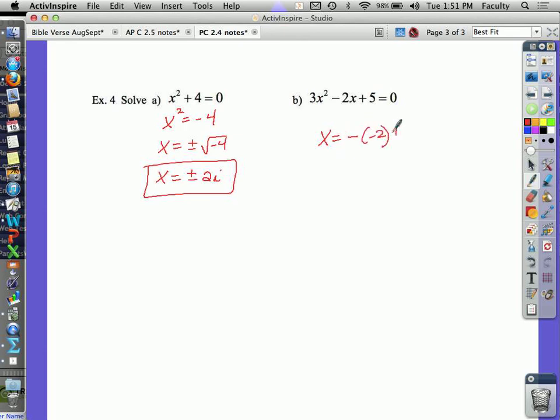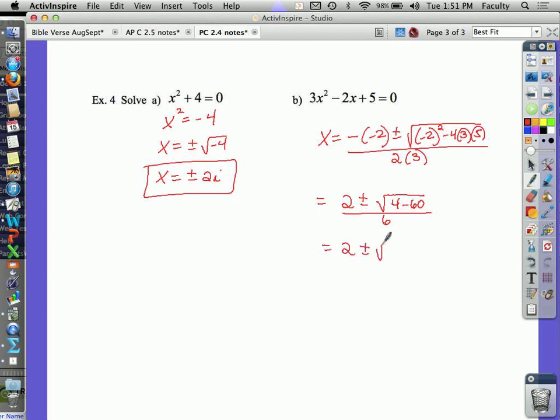Negative negative 2 plus or minus the square root negative 2 squared minus 4 times 3 times 5, and that's all over 2 times 3. Remember, the fraction bar is underneath everything. It's even underneath the negative b. So I have 2 plus or minus the square root of 4 minus 60. That's 2 plus or minus the square root of negative 56.